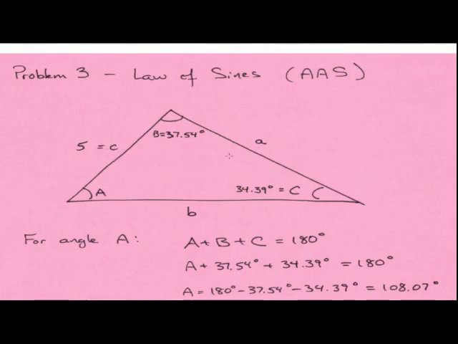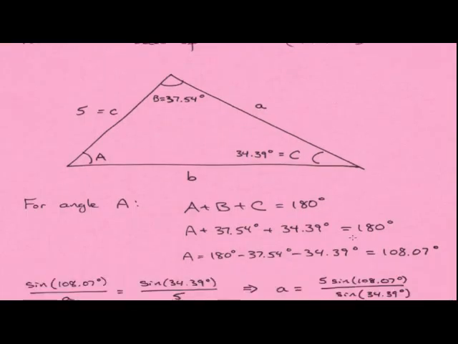So we know the angles, and we know one of the sides that's not between the angles. Since we know two of the angles, we can use A plus B plus C equals 180 degrees to figure out the size of the third angle.